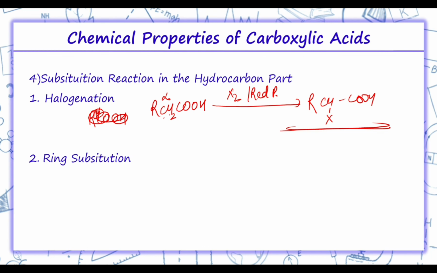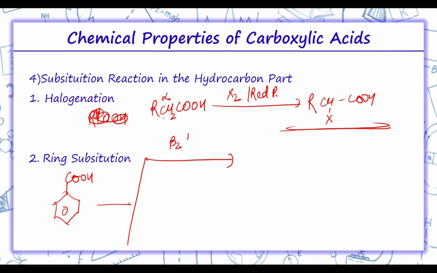Coming on to ring substitution. So we have over here benzoic acid. Aromatic carboxylic acids undergo electrophilic substitutions in which the carboxylic acid group acts as deactivating and meta directing. So we have two reactions over here.